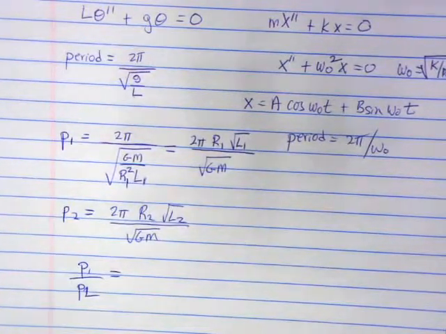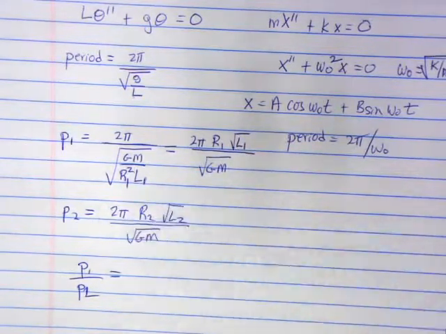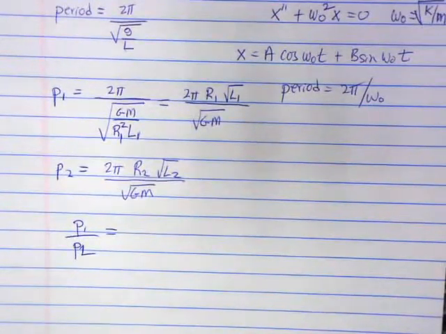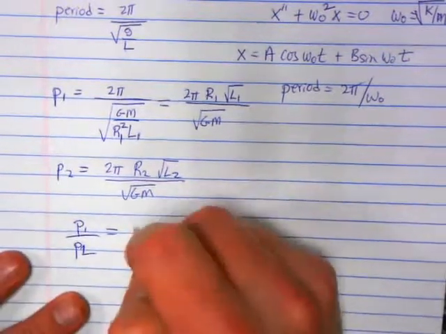If I now take this P1 and divide it by this P2, what's going to happen? The square roots of GM are going to cancel, and the 2 pi's are going to cancel.